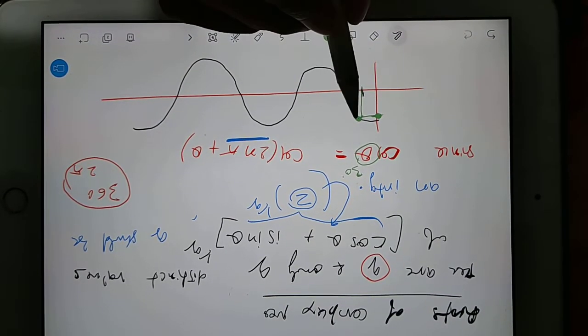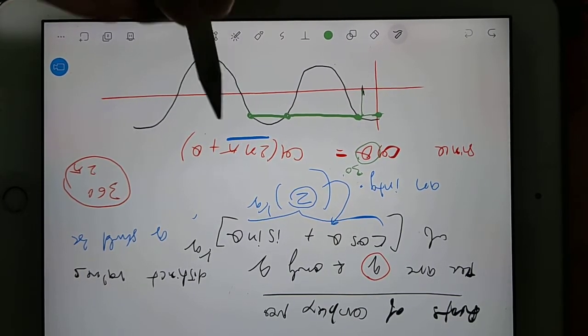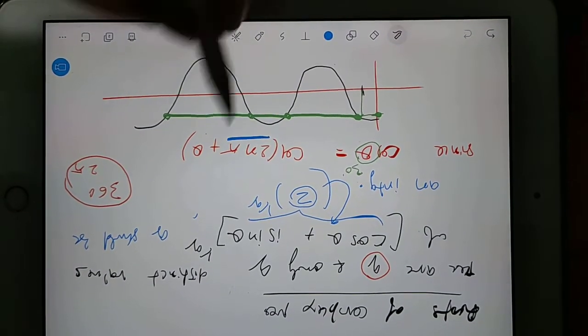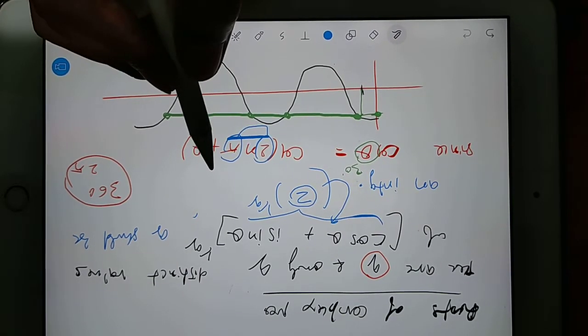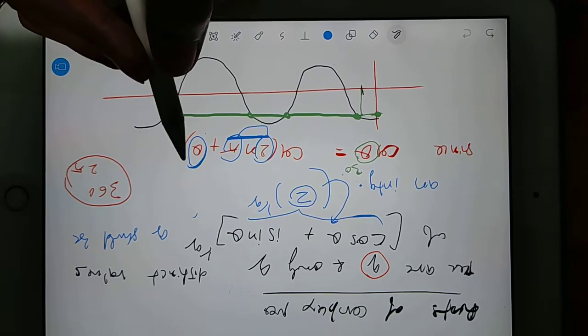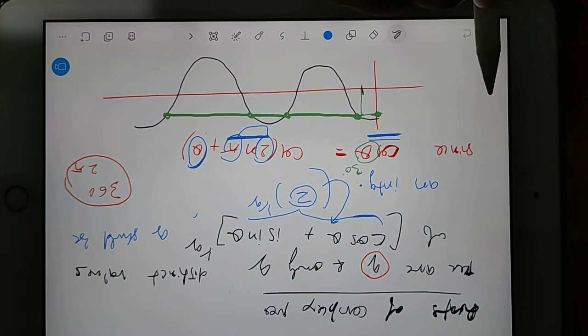The same 30 will come here also, here also, here also. Same answers are coming. So at every 2 pi, at every 360, when you consider the same theta, your answer will be the same.